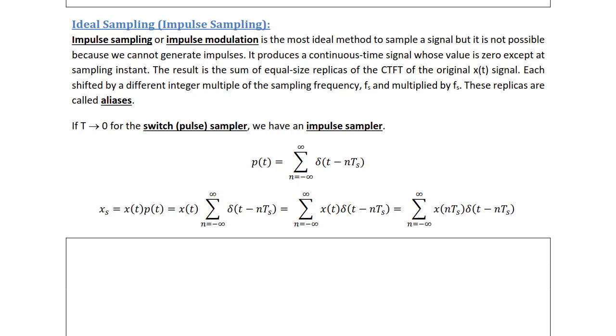If T approaches 0 for the switch pulse sampler, we have an impulse sampler.